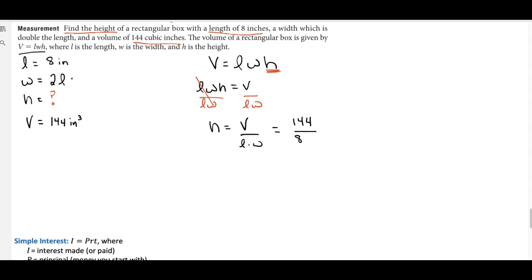Well, the length is 8, so that means 2 times 8, so that means the width is 16. Okay, so now we've got 8 times 16. So now all you need to do is just put all of this in your calculator. So we've got 144 divided by 8 and 16, and we get 1.125. So the height is 1.125 inches.